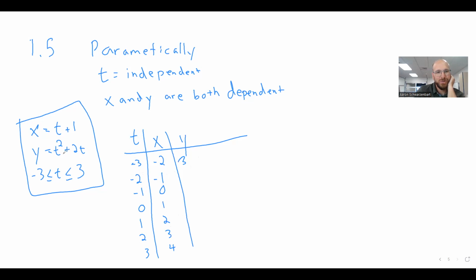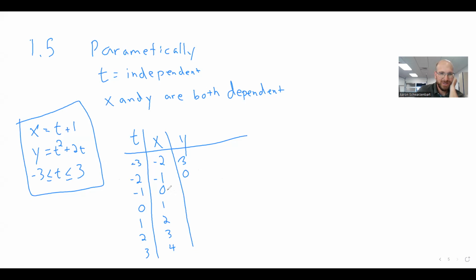-2 squared is 4. So again, I plug in t, not x. -2 squared here is 4. Plus 2 times -2 is 0. -1 squared is 1.